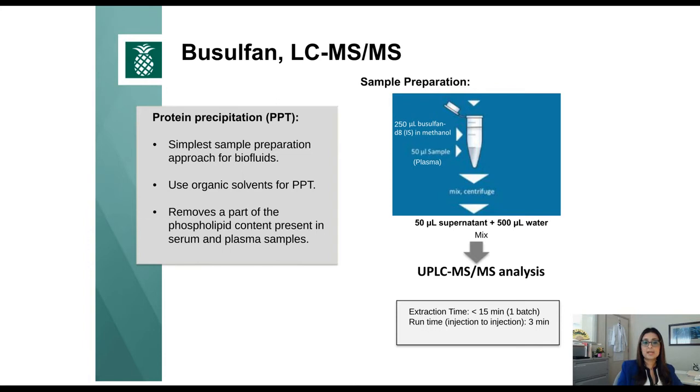After centrifugation, 50 microliters of supernatant is diluted with 500 microliters of water to minimize the matrix effects. Then the diluted supernatant is injected onto the UPLC mass spec for analysis. The total extraction time of one batch that includes calibrators, quality controls, and 6 patient samples is around 15 minutes.